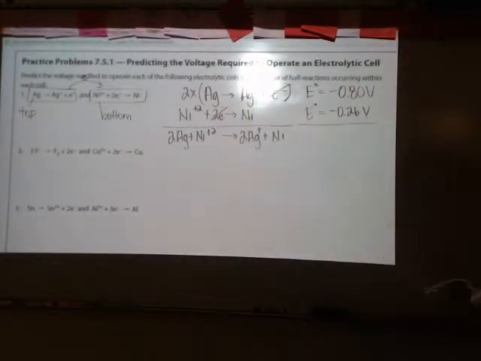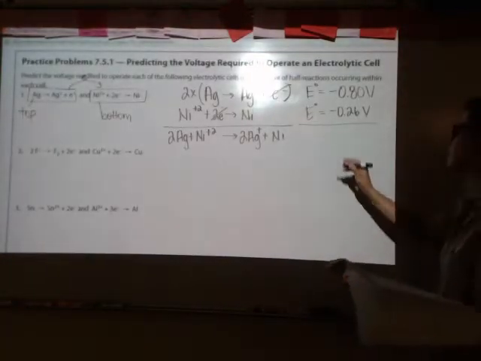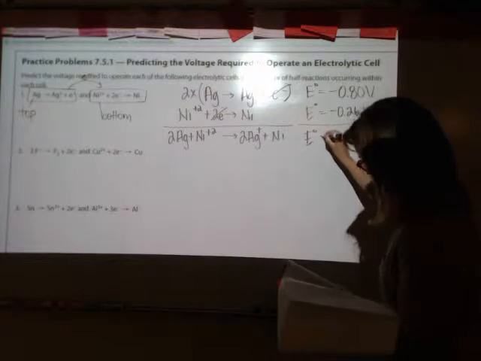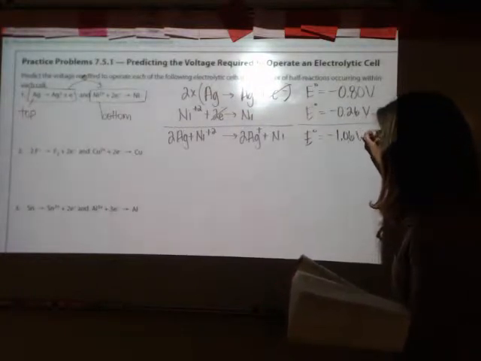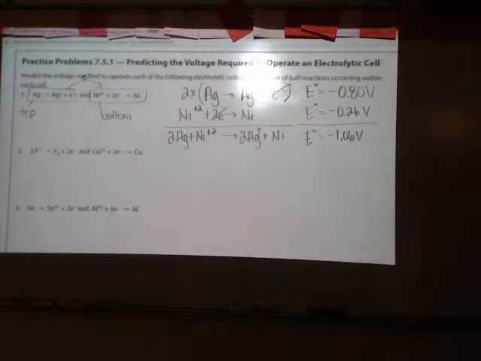You will add those two together. You'll end up with negative 1.06 volts, okay? So before with the electrochemical cells, those are positive, these are negative, and this tells you that you need at least 1.06 volts to drive or operate this cell.